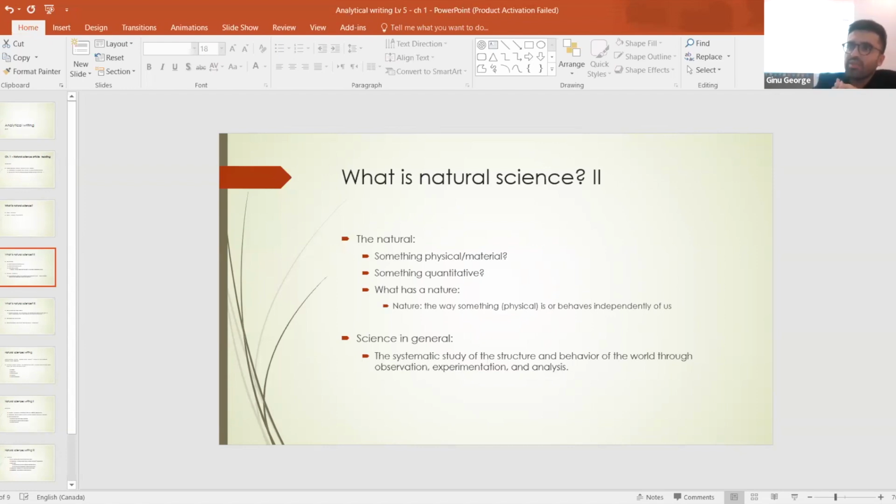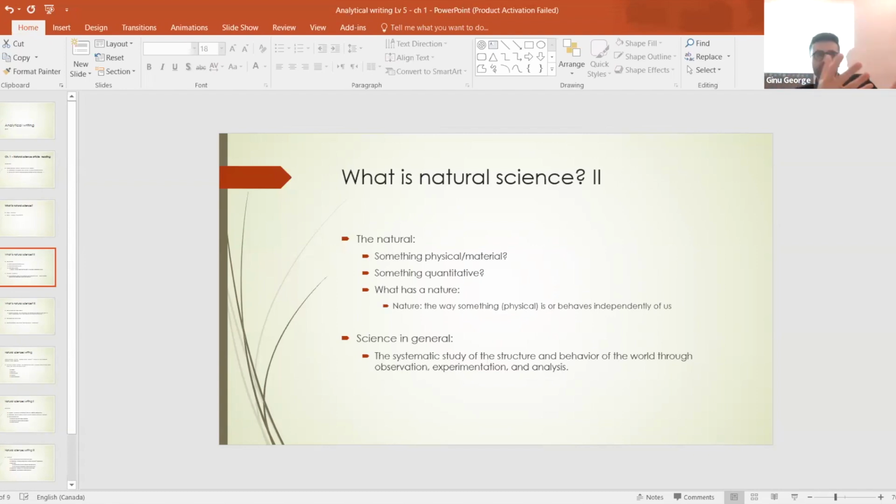That's the idea behind natural science. So we defined one of our terms, natural: something that has a nature, which is the way it is independent of us, or not made by us. Now we have to define the term science, because we're saying natural science.